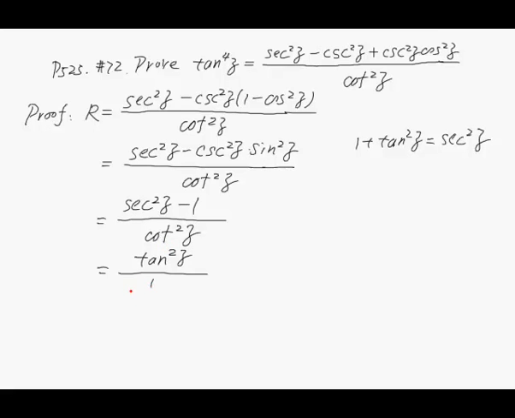So this is equal to 1 over the tangent square of z, and then you flip this to the top. So finally, you get tangent to the fourth power of z, and this is equal to the left side, and then done.